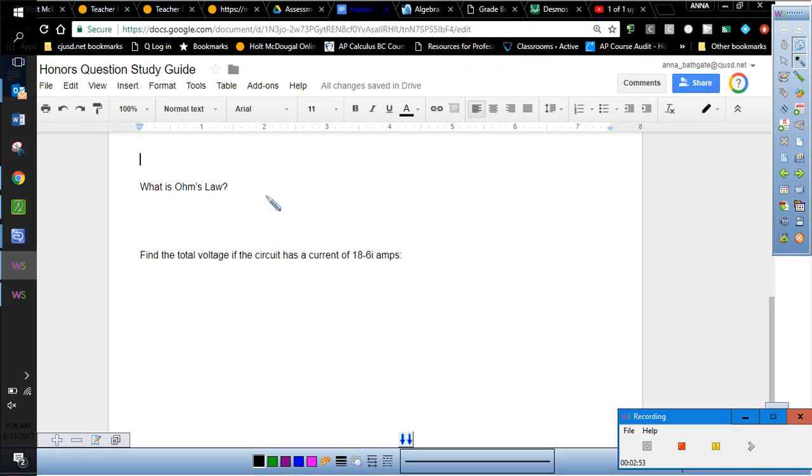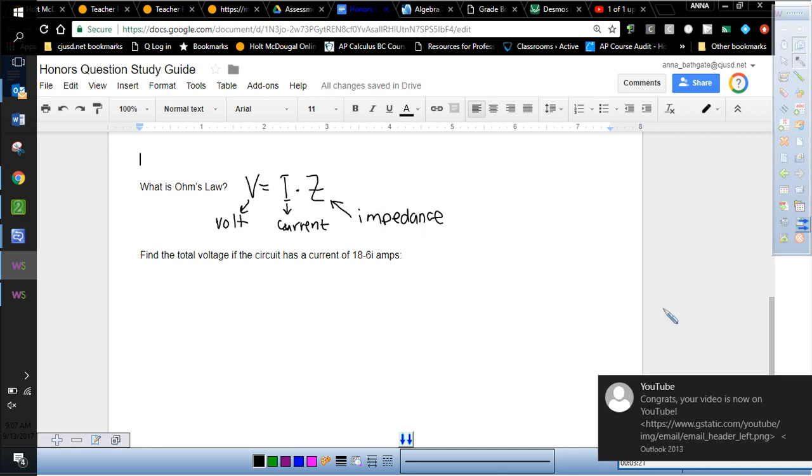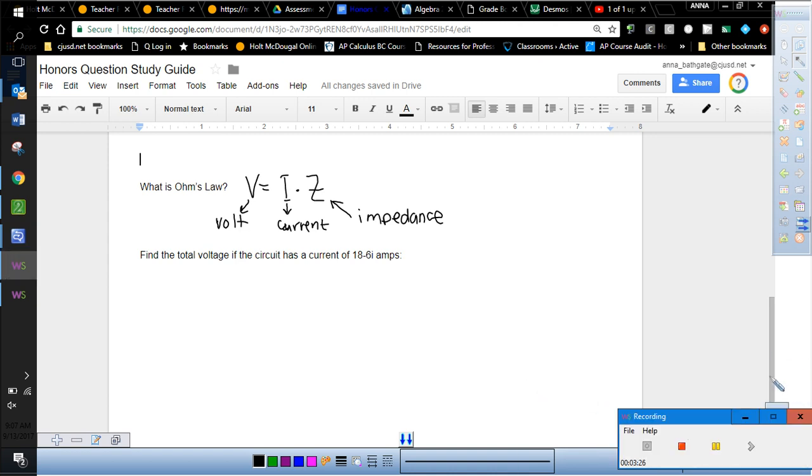Ohm's law is V equals I times Z, which means our voltage is our current times our impedance. So I want to find the total voltage.